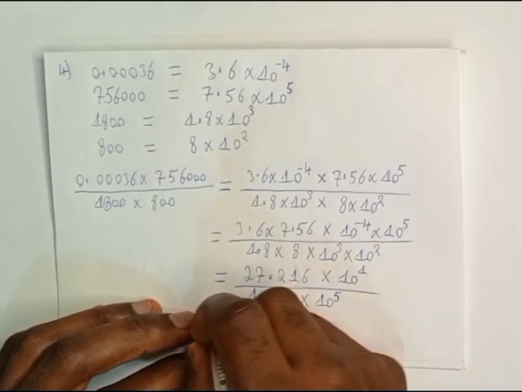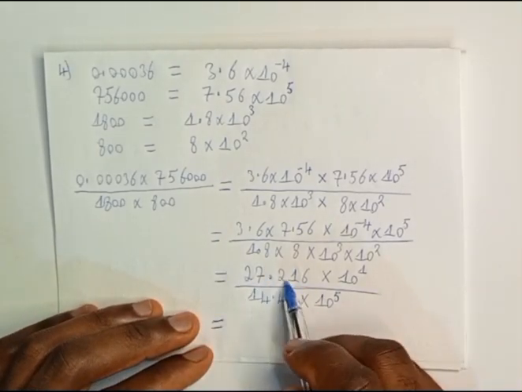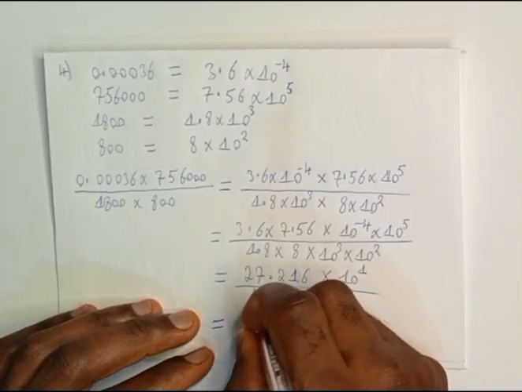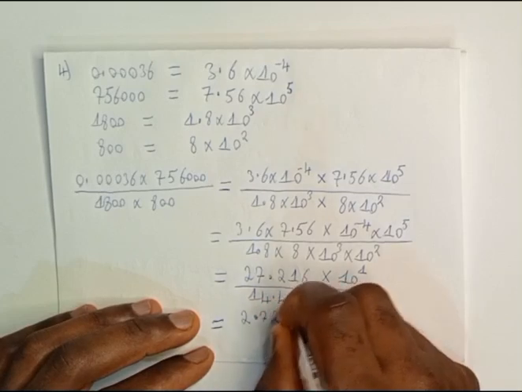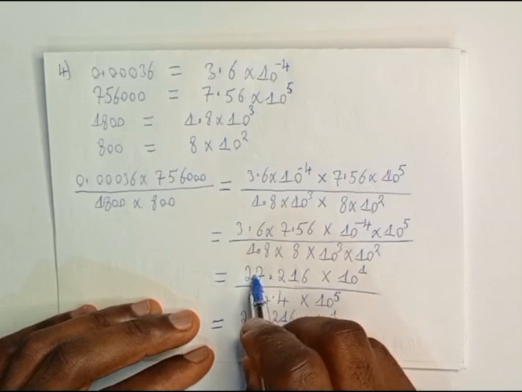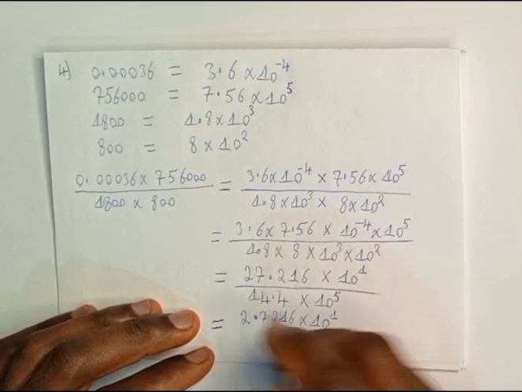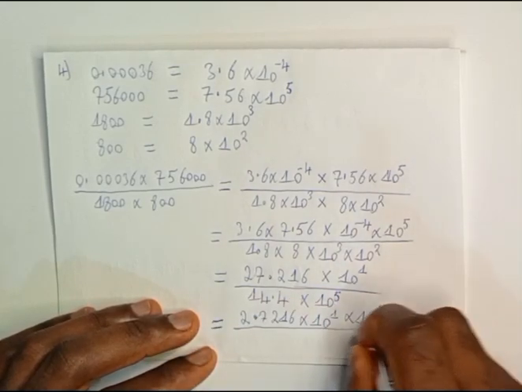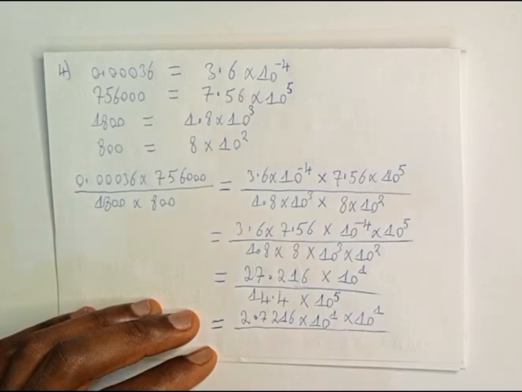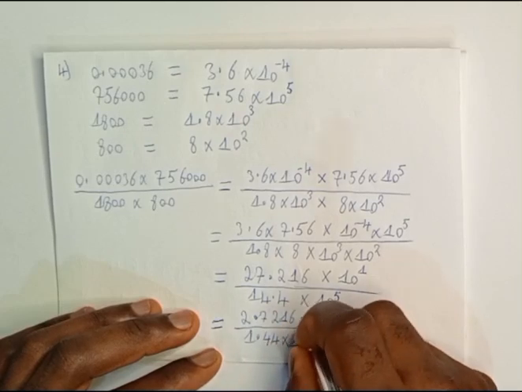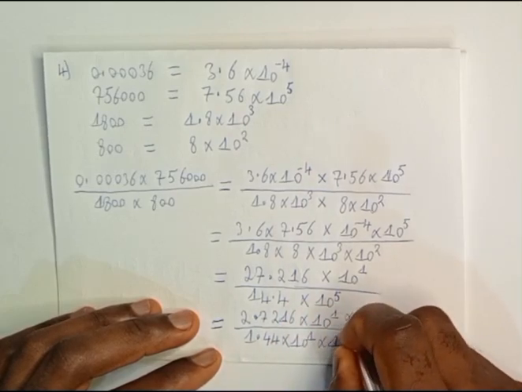This will simply be equal to, we are going to express 27.216 in standard form. Since it is greater than 10, this will give us 2.7216 times 10 to the power 1. Since we fix a decimal point here, we'll be having just one digit in between the two decimal points, times 10 to the power 1 all over, we have to express 14.4 in standard form, gives us 1.44 times 10 to the power 1 times 10 to the power 5.